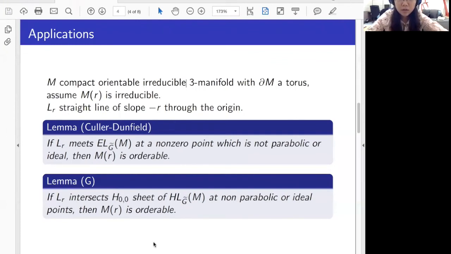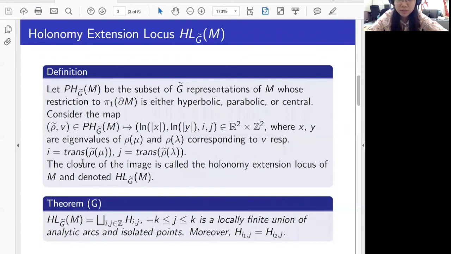Similarly, for the holonomic extension locus, we have the following theorem. If L sub r intersects h_00 of the holonomic extension locus of M at a non-zero point, which is not parabolic or ideal, then the Dehn filling of M along a curve of slope r is orderable. Here, ideal also means that in the definition of the holonomic extension locus, the point does not belong to the image of the parametrization.